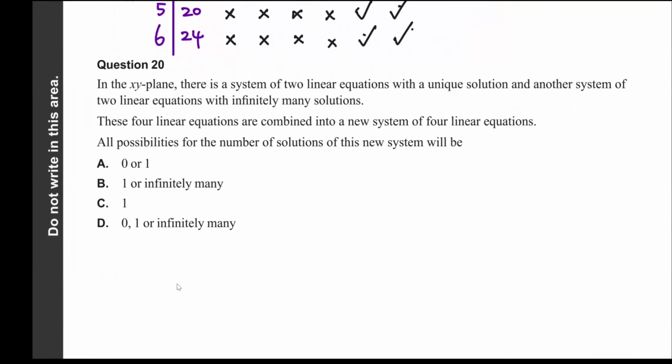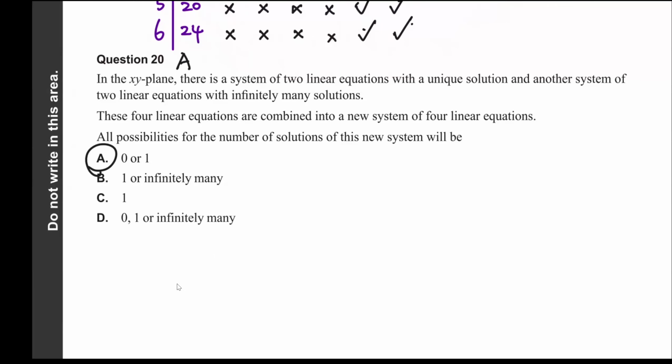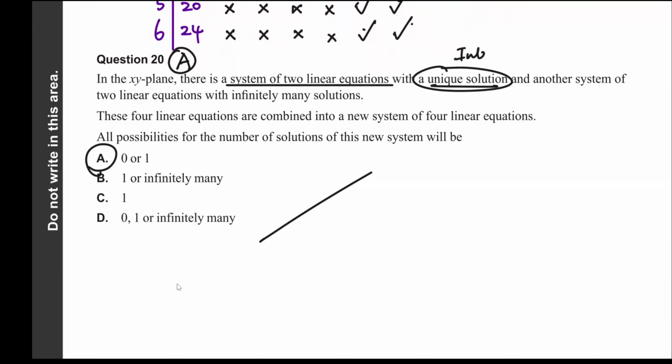Question 20. It's this question that got me pausing for quite a while. I'm still contemplating this question, but I think the answer is option A. A quick geometric method: if you have a system of two linear equations with a unique solution, they only intersect once, and because they only intersect once, the gradients must be different.